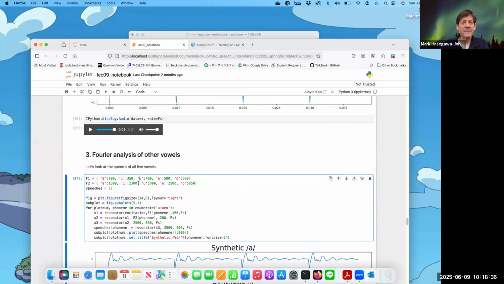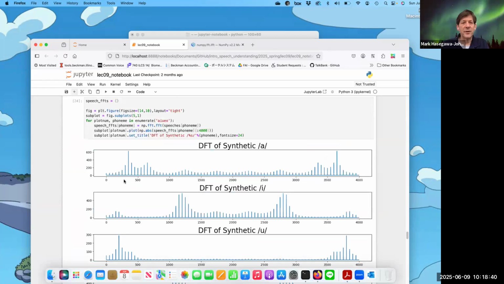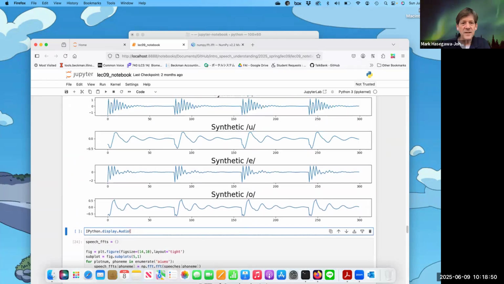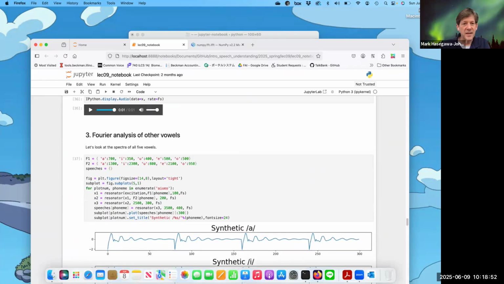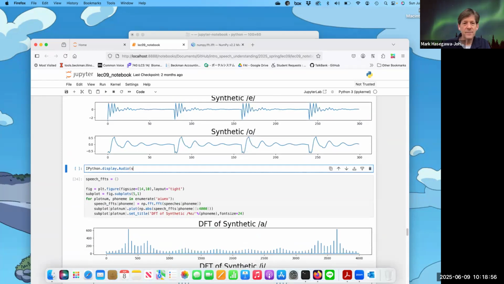Let's play them back. Let me add a window after here and put in python.display.audio. Which speeches do I want to hear? Let's take speeches ah to start with.